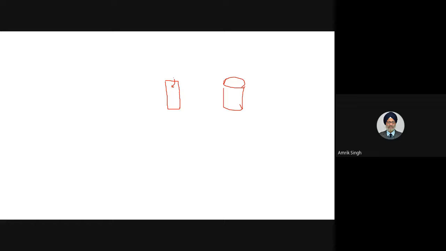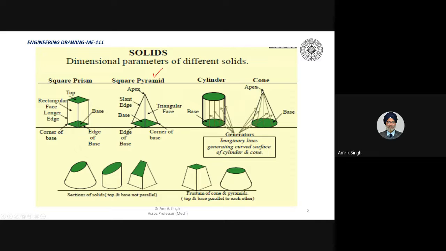If I rotate it like this, so it will create the cylinder. So if I create a triangle, you see like this. So this is a point. So if I rotate it like this, so it will create a cone.